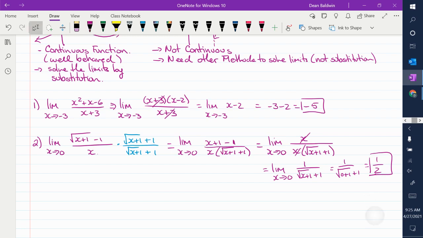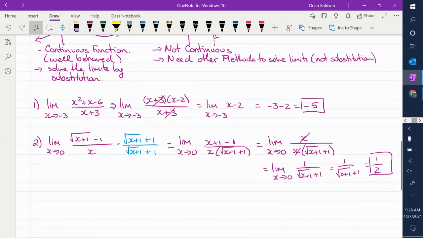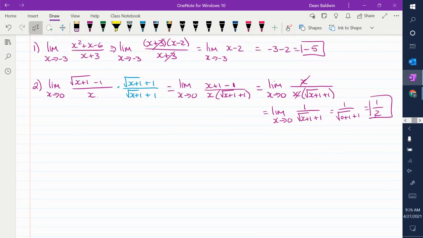All right, the last of the three first-year limits problems are fractionals, or fractions.